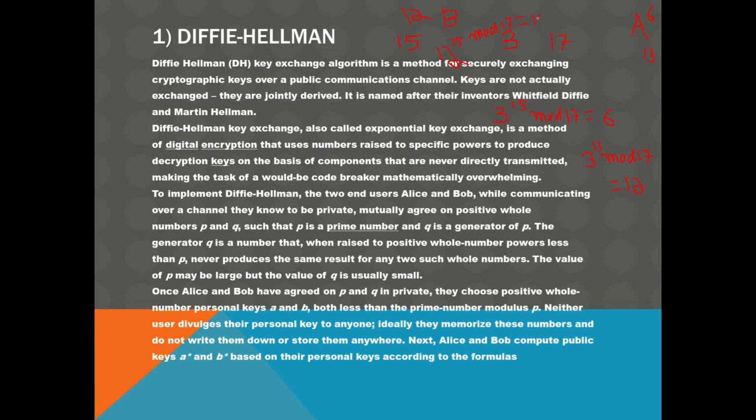And again, Alice will do the similar thing and she will calculate 6 to the power 13, which is her private number, modulus 17, which also gives the same result, that is 10. So here finally they have got the same result, which is 10.